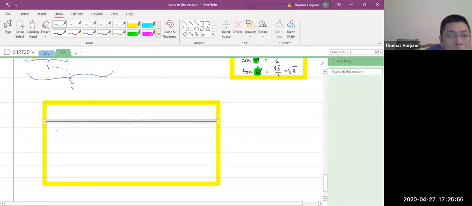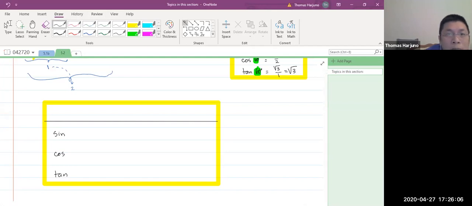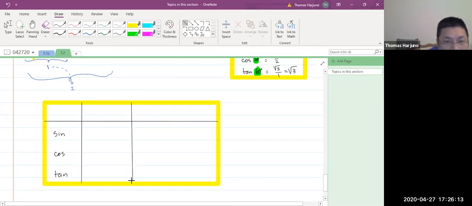For sine, cosine, and tangent of 30 degrees, 45 degrees, and 60 degrees. So for 30 degrees, the sine is 1/2, cosine is radical 3/2. The tangent is 1/radical 3, which is radical 3/3.